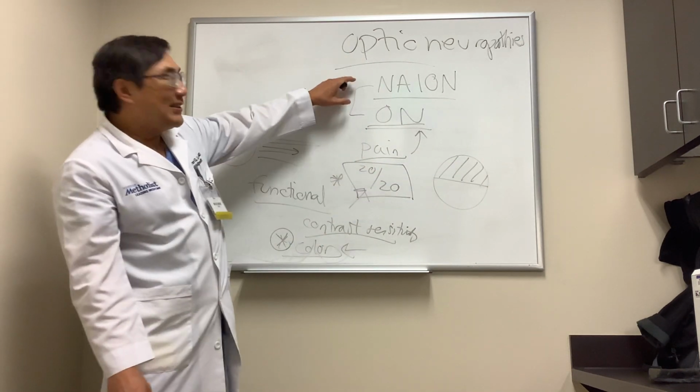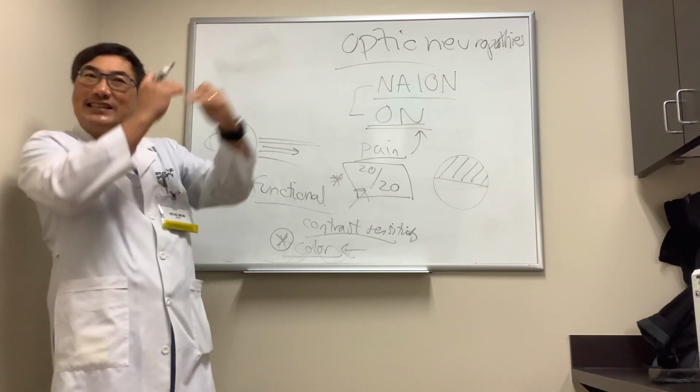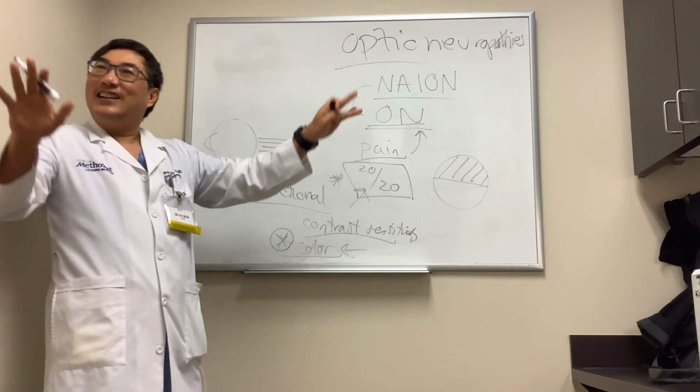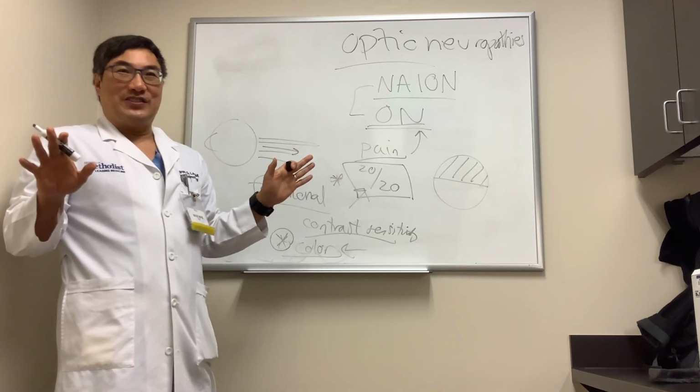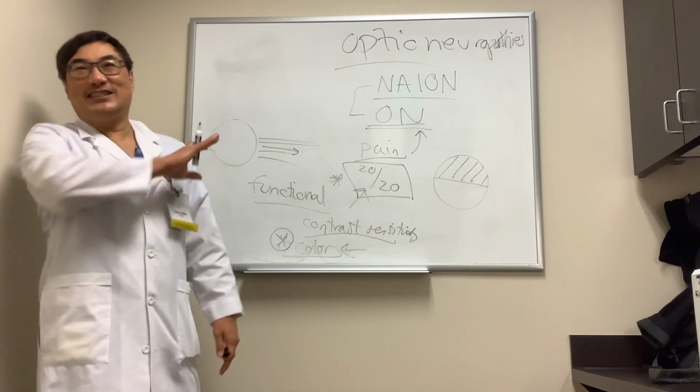And that happens because the ischemia in NAION is usually sectoral. It's like half, so they get sector pallor, sector field defect, and that means your color and your center vision might be preserved. But in optic neuritis, it's not a sector of vascular ischemia, it's the whole nerve.